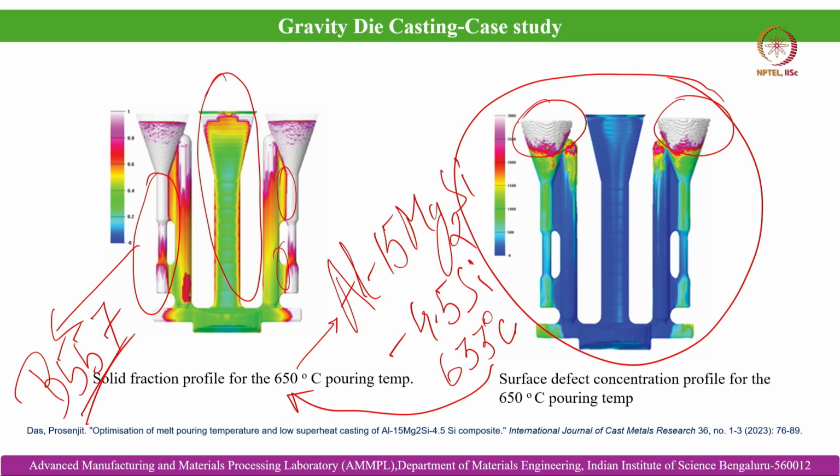This is a case of open riser, where the riser top is exposed to the environment and is kept at the same height as the sprue. This is the sprue, this is the riser. So this is a typical case study of low superheat casting using this novel composite melt.